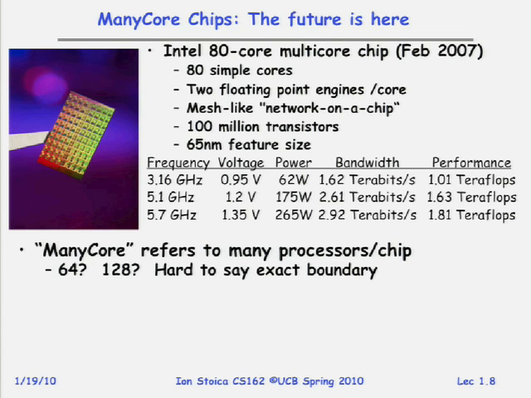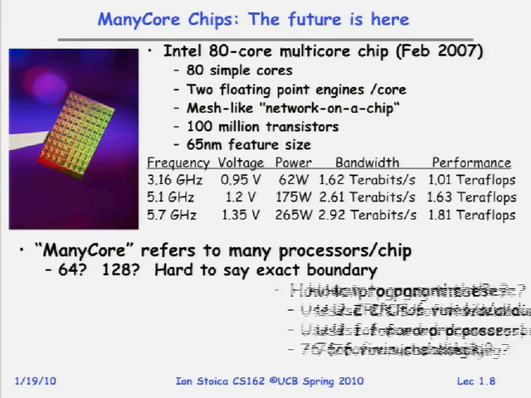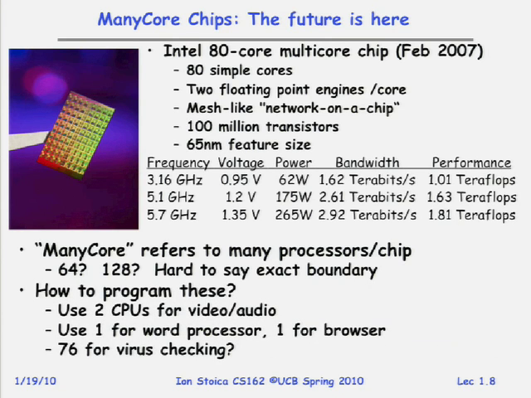How many cores are enough? 64, 128. If you have applications which can take advantage of them, people are going to cram more and more cores on the same chip. And what are you going to do with them? That's a big question.